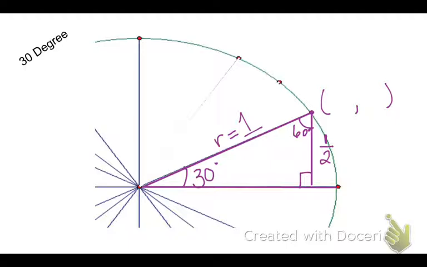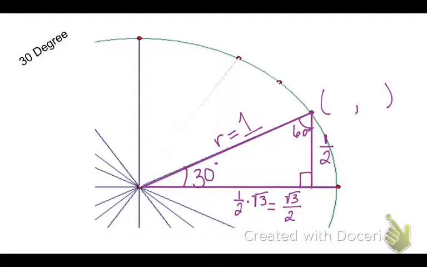To find the long leg of my right triangle, I would multiply the short leg times the square root of 3. When we multiply fractions, of course, we would write it as square root of 3 over 2, the numerator over the denominator.